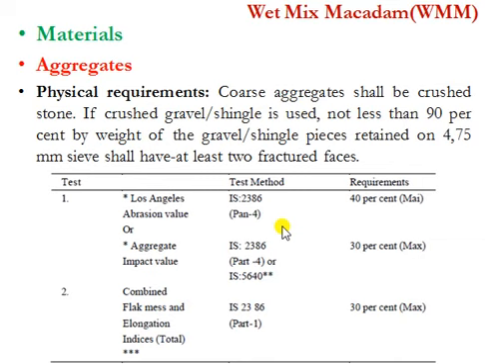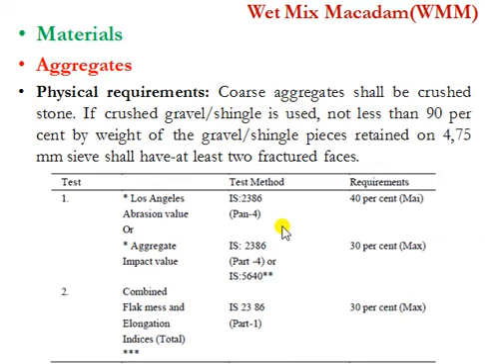The aggregates which are used in the construction of wet mix macadam pavement should have an abrasion value less than 40%. So the maximum value can be 40%. If the abrasion value is less than 40%, it is well and good, and the aggregate can be effectively used in the construction of wet mix macadam pavement.